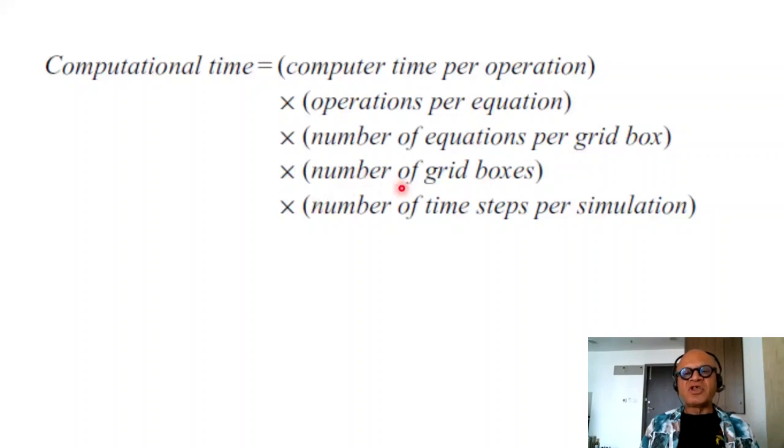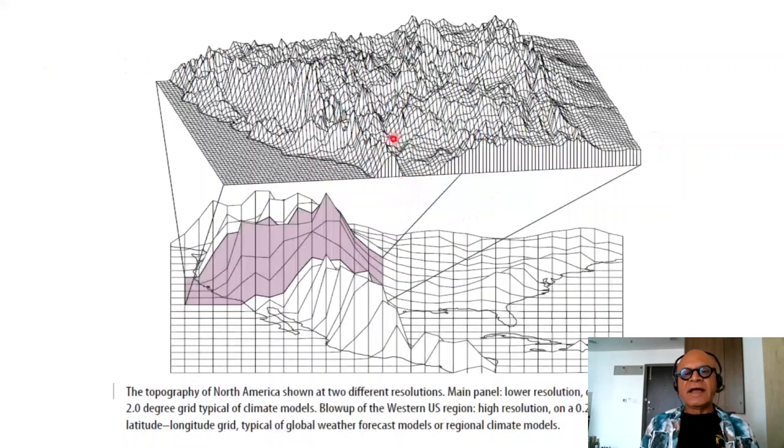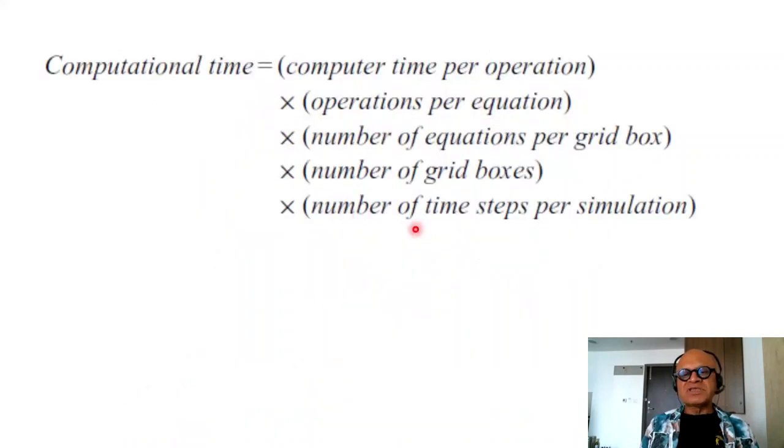And number of grid boxes, which depends on the resolution as we see here, and number of time steps per simulation. So when we are discretizing dt, for example, how many time steps are involved in integrating for an hour, for a day, for a season are going to determine the computational time. So obviously this is a very heavy cost as we increase resolution.